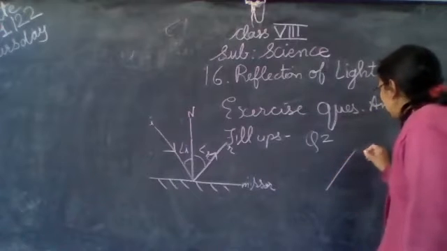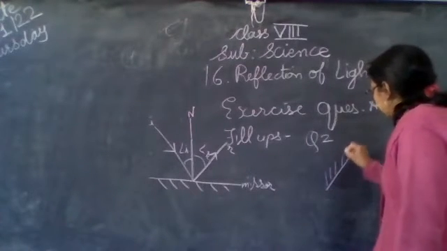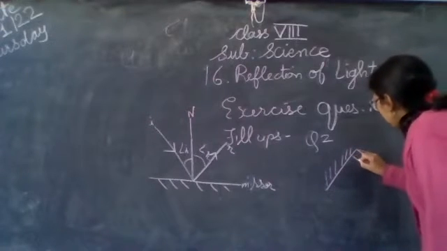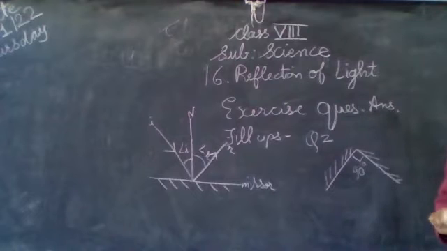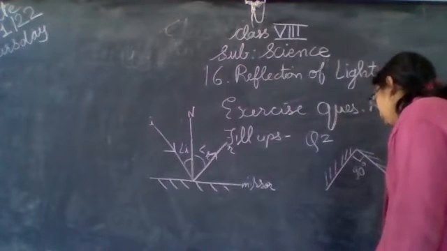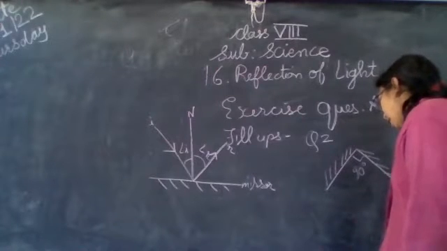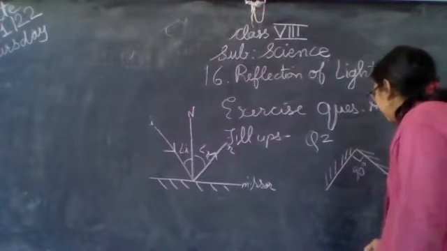If this is one mirror and this is your another mirror, they are kept at an angle of 90 degrees. Okay? And if a ray incident on one mirror has an angle of incidence of say 30 degrees.